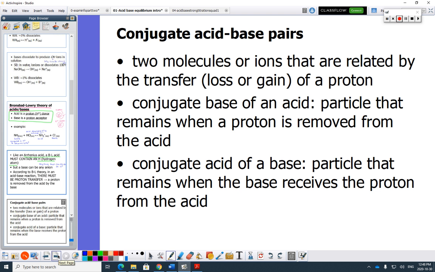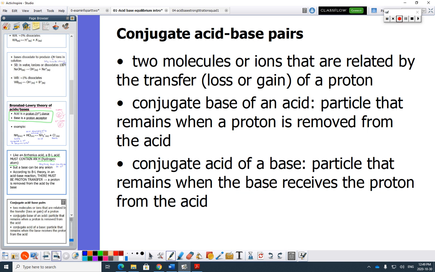conjugate acid-base pairs. The hard part really is deciding what's the acid and what's the base. Once you do that, try not to overthink this, okay? Conjugate acid-base pairs are related by proton transfer. So you're not pairing up the acids and pairing up the bases.